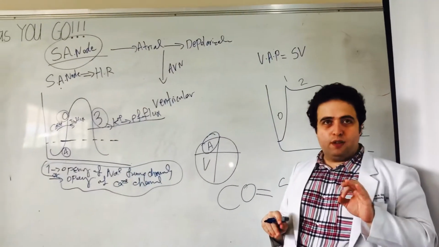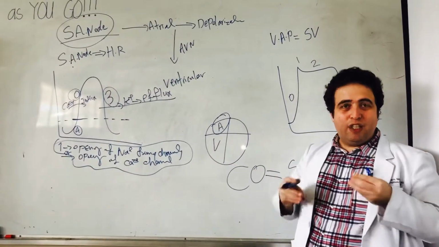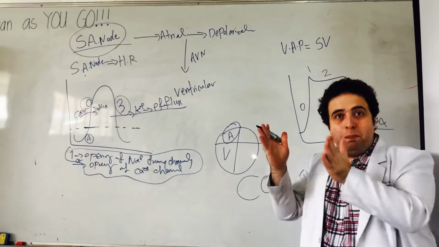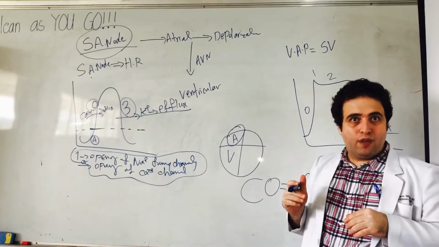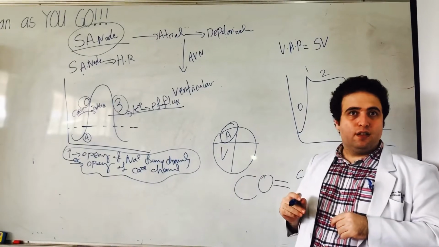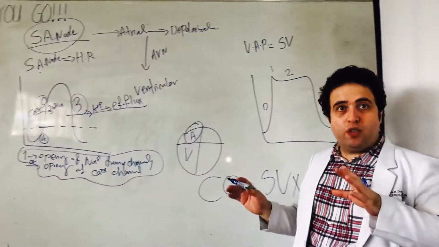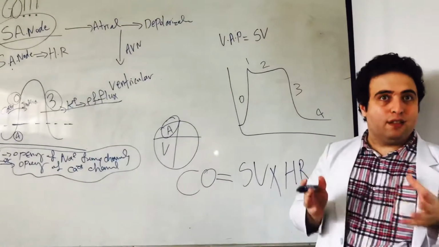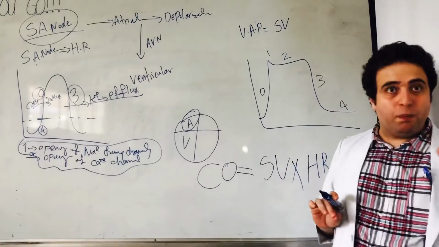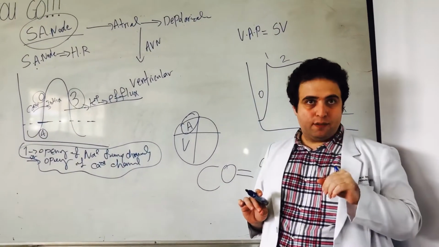Stroke volume is how much blood, or the amount of blood, will be ejected during each heartbeat. Cardiac output is in 1 minute, but stroke volume is the amount of blood ejected in each heartbeat.